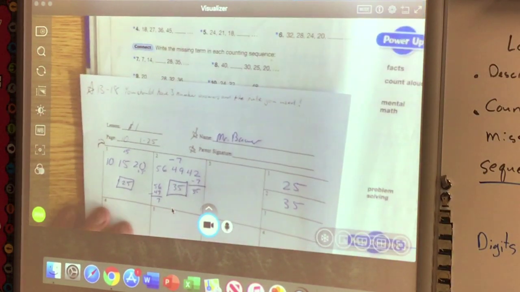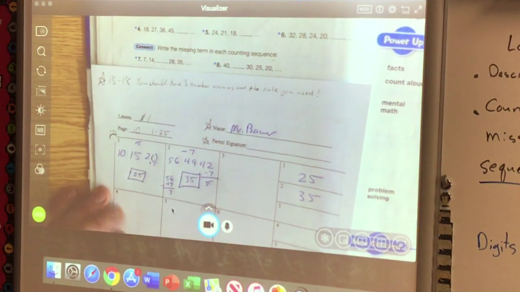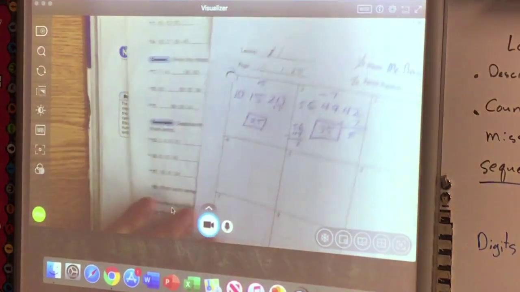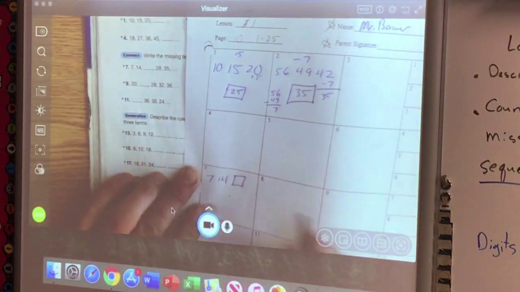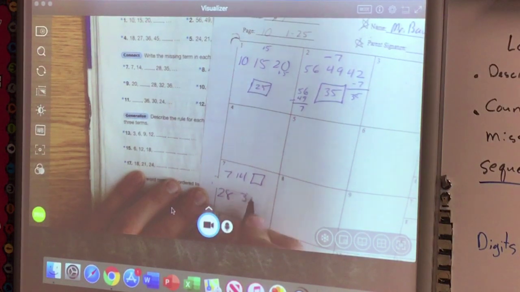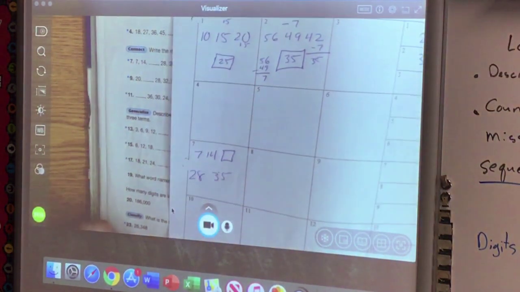Jump to number 7 in the counting sequence. So now they're going to give you a space right in the middle. So jump to number 7. It's down here. 7, 14, something, 28, 35. I know we're going up by 7s. I know what's missing. But here's another way that you can find it.